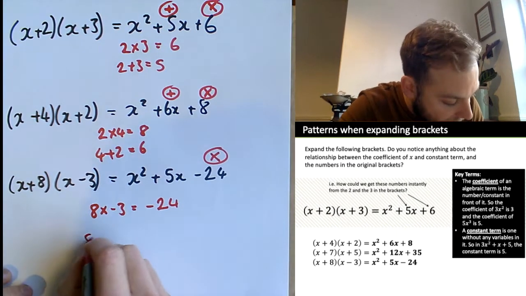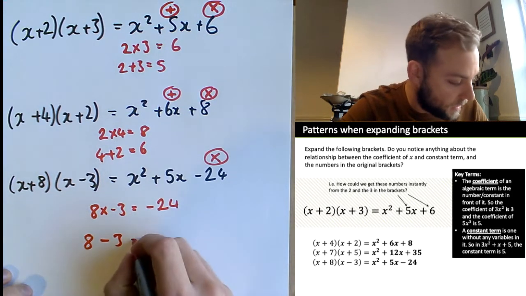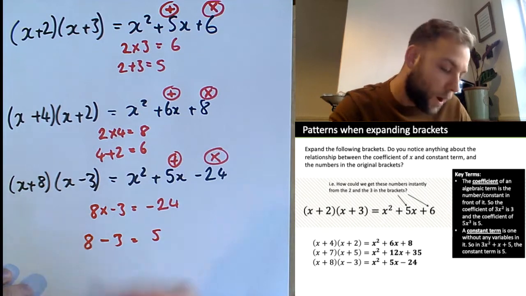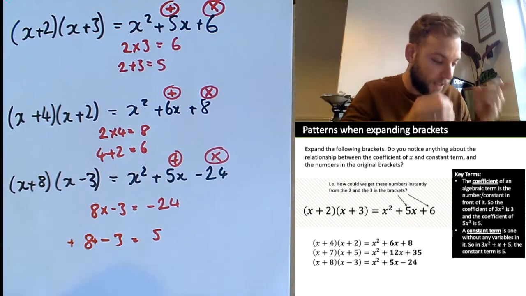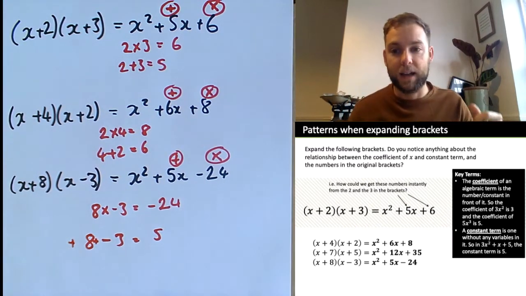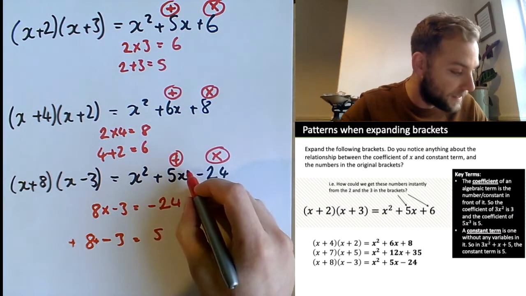And 8 minus 3 is equal to 5. So yes, they add, because this is plus 8 and plus negative 3, and plus 8 plus negative 3 is 5. So they multiply together to make minus 24 and add together to make 5.